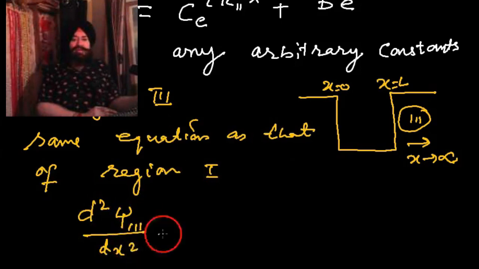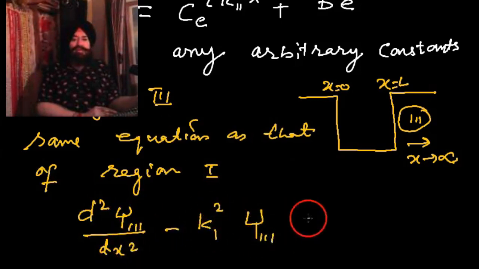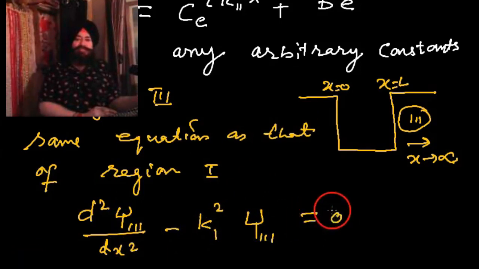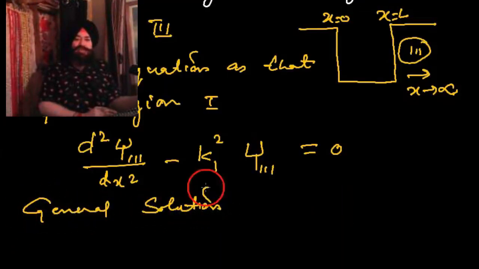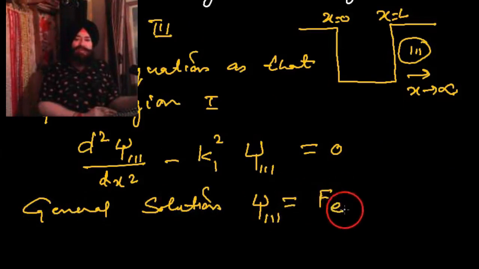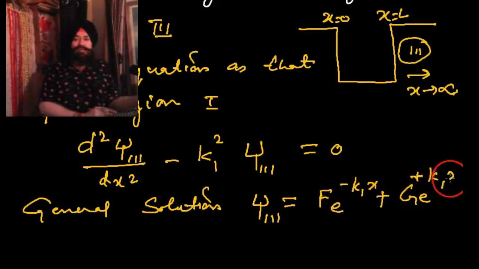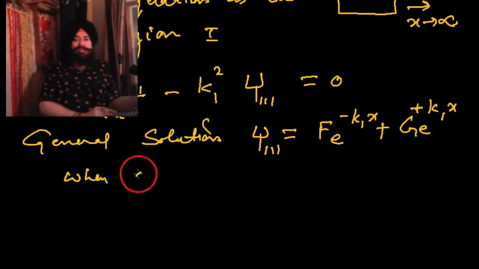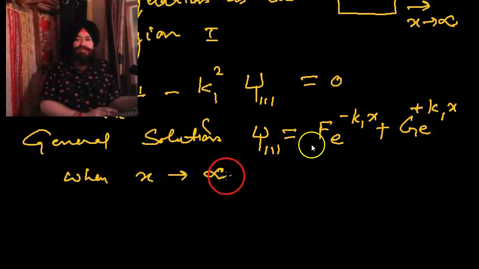Again here the equation becomes the same as that was in region number 1, same constant K1. Psi 3 is also a well-defined function. Now writing the general solution, here the arbitrary constants are F and G.